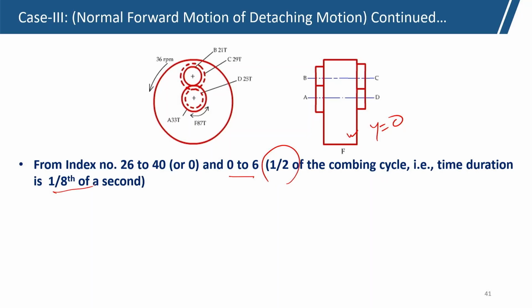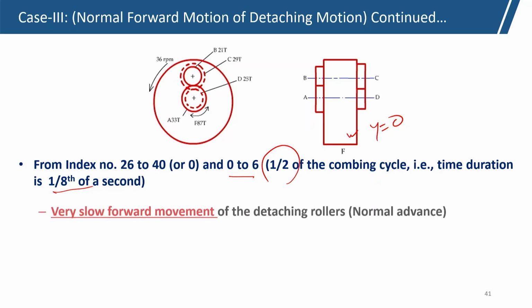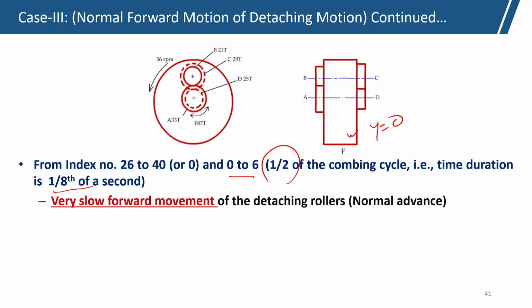So, this normal forward motion will continue for 1/8th of a second. Okay. So, very slow forward motion of detaching roller, that is a normal advance. RPM of F is 36, counterclockwise again same.